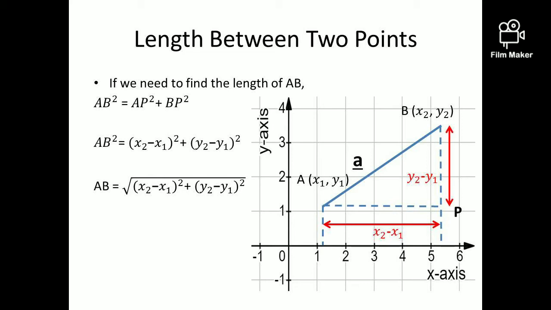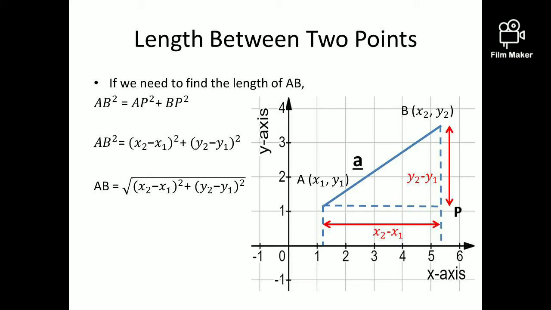Then, if you apply the Pythagoras theorem to triangle APB, AB squared equals AP squared plus BP squared. Substituting the figures, AB squared equals (x2 minus x1) squared plus (y2 minus y1) squared. Then, to find the length of AB, it is the square root of (x2 minus x1) squared plus (y2 minus y1) squared.